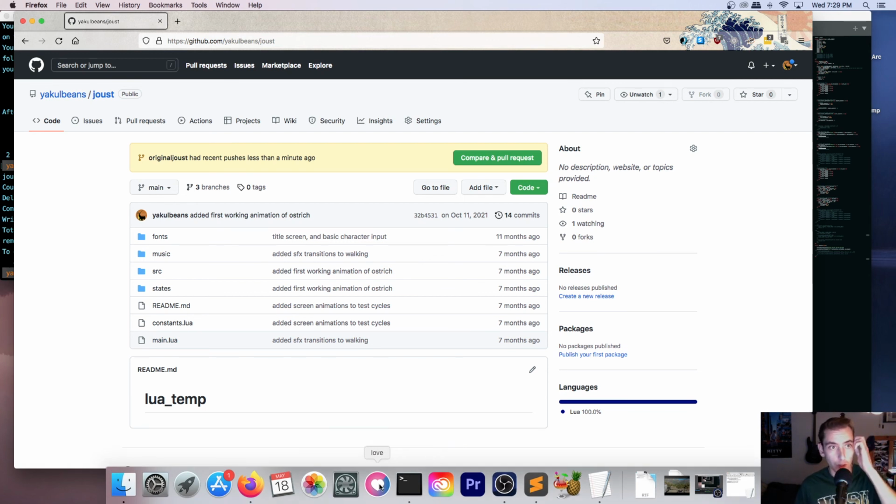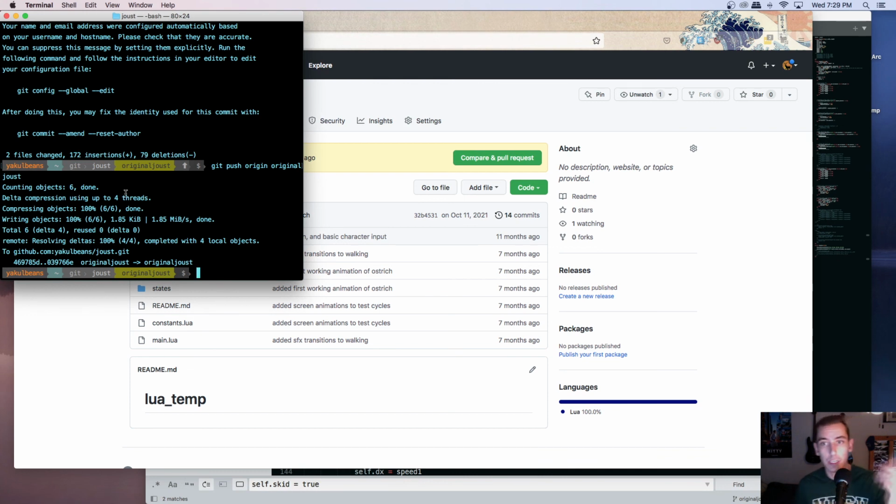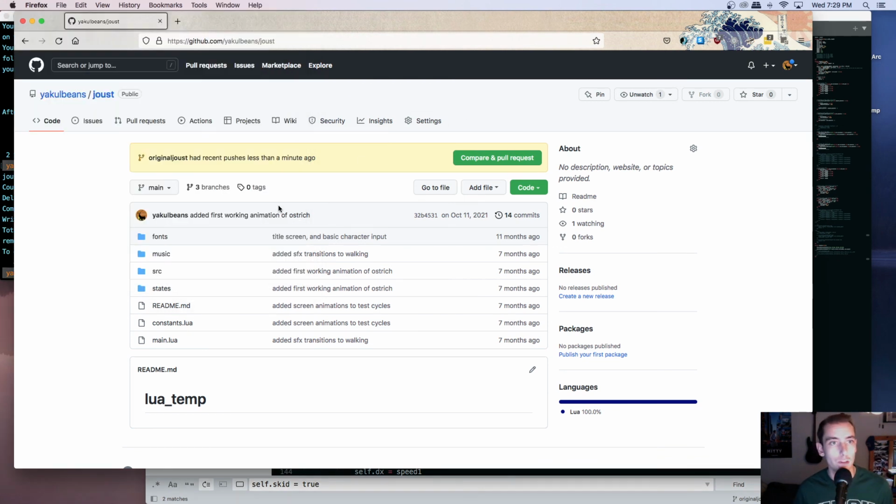So you can actually play any of my commits of this game on any of the branches, because Git is just that cool and lets you do that. But anyways, I just pushed those changes.